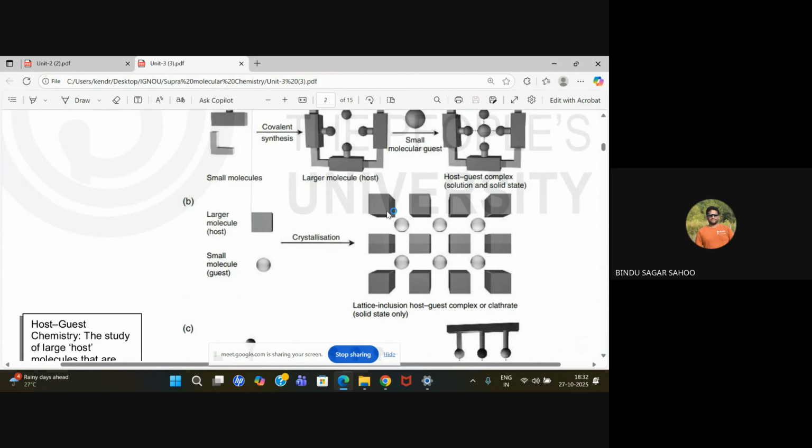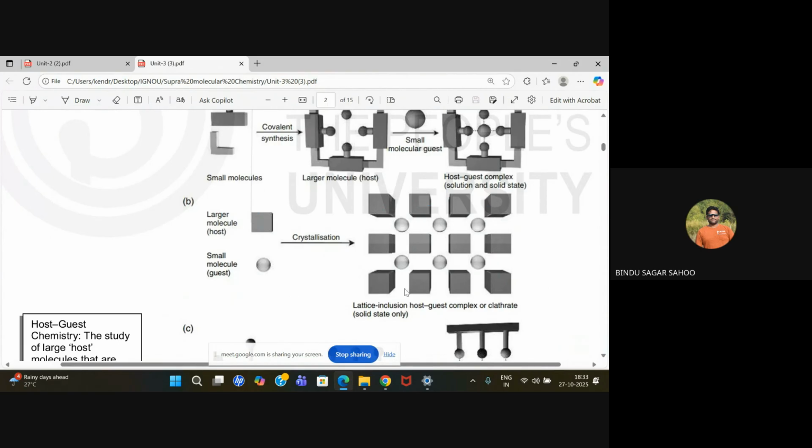So here we can consider these are the larger host molecules. Throughout the complex, or throughout the space lattice, there will be a huge number of host molecules, and the guest molecules will be trapped inside a few of them. This type of overall complex is called an inclusion complex or a host-guest complex, or sometimes a clathrate complex.